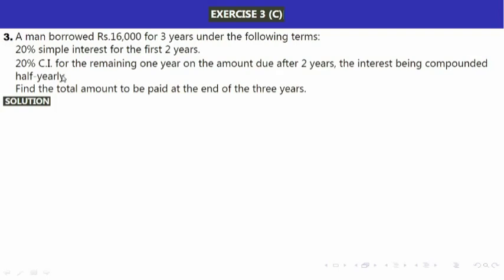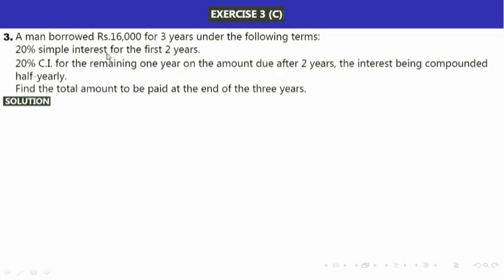Okay, and for that 1 year, 20% compound interest for the remaining 1 year on the amount due after 2 years, the interest being compounded half yearly. Find the total amount to be paid at the end of the 3 years. See, the case is like this. 16,000 is borrowed, and for the first 2 years, he is borrowing at 20% simple interest.